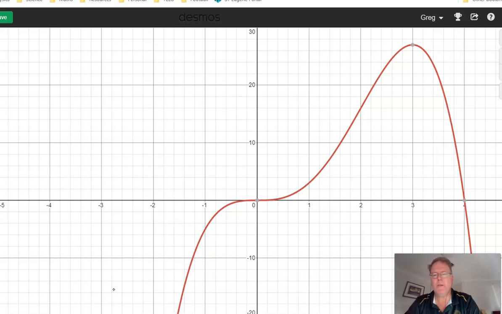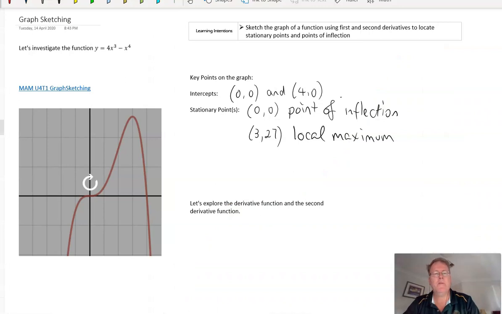The first thing we're going to do is look at the first derivative. If the function is y equals 4x cubed minus x to the 4, then what would the first derivative be as a function? Hopefully you very quickly worked it out.